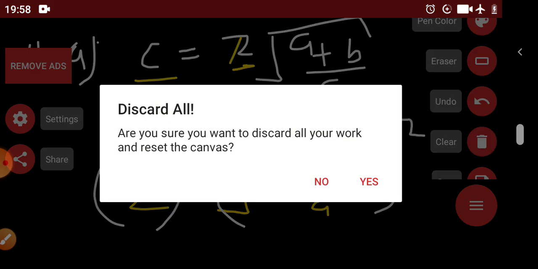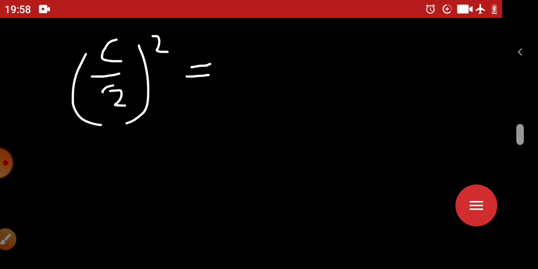When we square here, we will have c over 2 squared, which is equal to, because we have removed the square root, what is inside, which is (a plus b) over a.